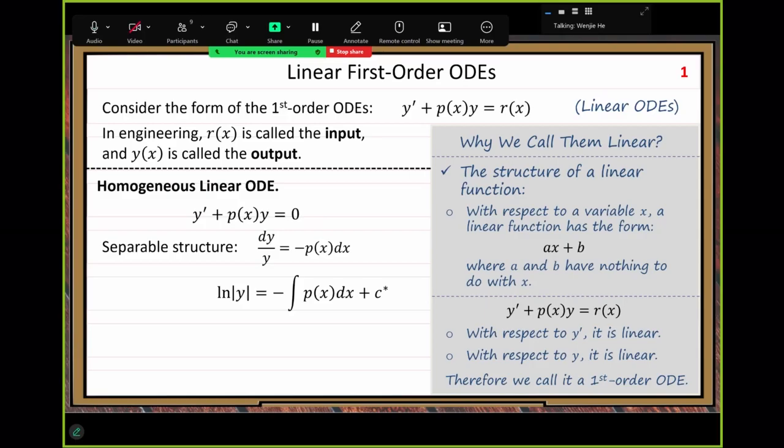Then you can see the question: how to remove the absolute value of y? In the original formula, you have the absolute value, positive or negative. But when we write the final formula, we don't want to carry that absolute value, to make it as simple as possible. So that's the question we need to answer.